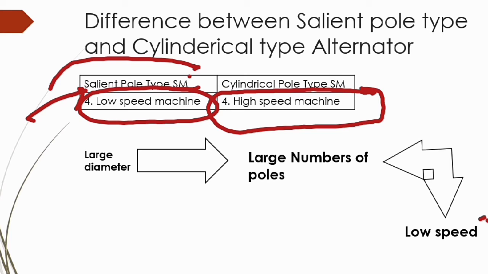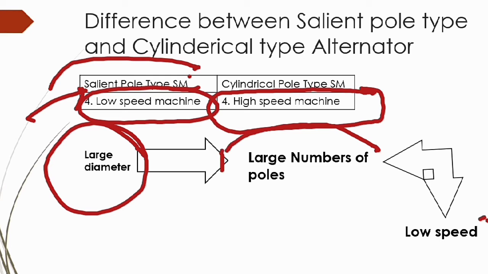A salient pole type synchronous machine physically has a large diameter and low axial length. If we have a large diameter, there is the possibility that the number of poles should be large.